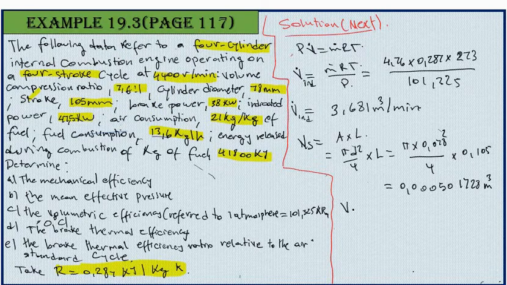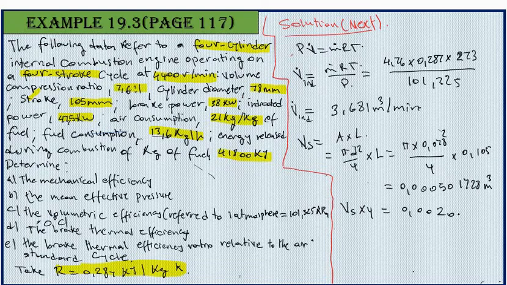So the swept volume times 4 is equal to 0.0020069 cubic meter.